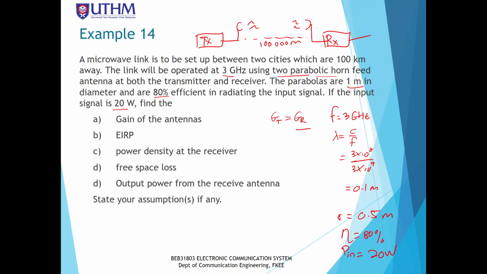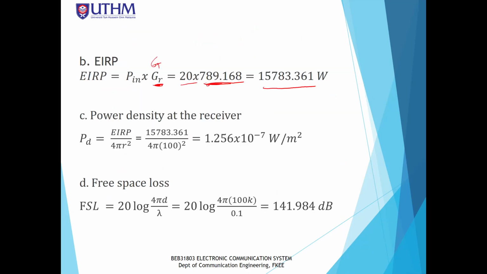And then what? The question asks to find the power density PD at the receiver. That means finding the power density 100,000 meters away from the transmitter. Power density is equal to EIRP, which is P in multiplied with GT, divided by 4 pi d squared.